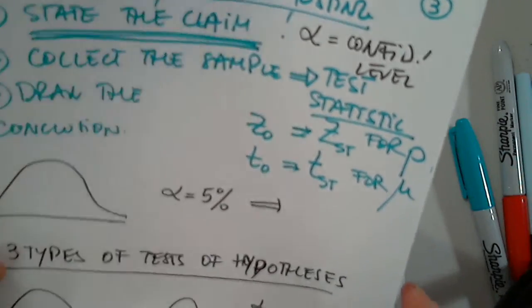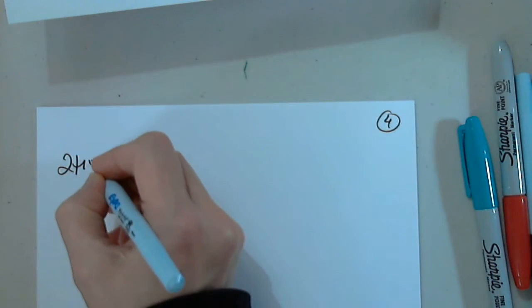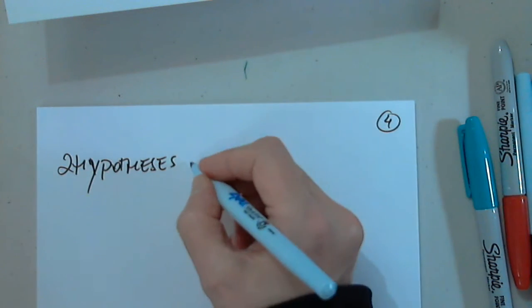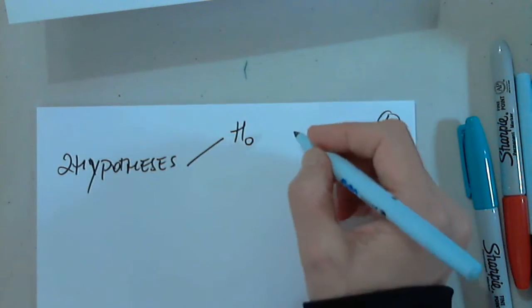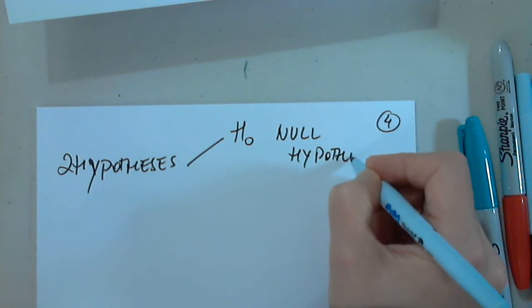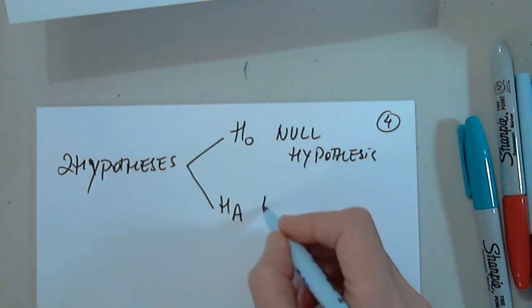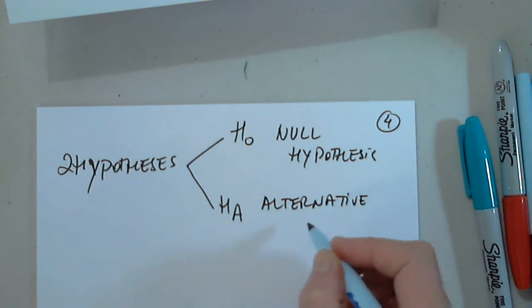Okay. I didn't forget about this. I'll come back. Now, there are two hypotheses in each test. One, H0 or H naught, which is called the null hypothesis. And the other one, which is the alternative hypothesis.